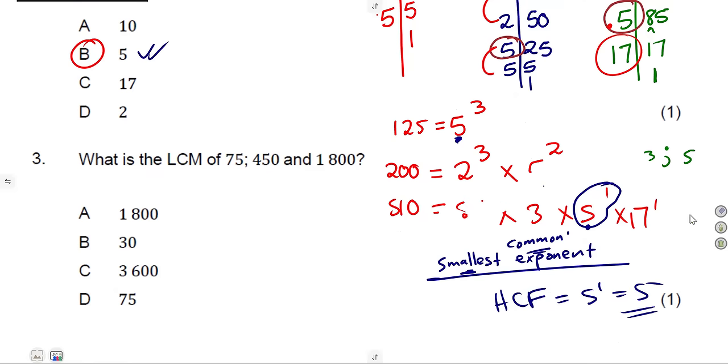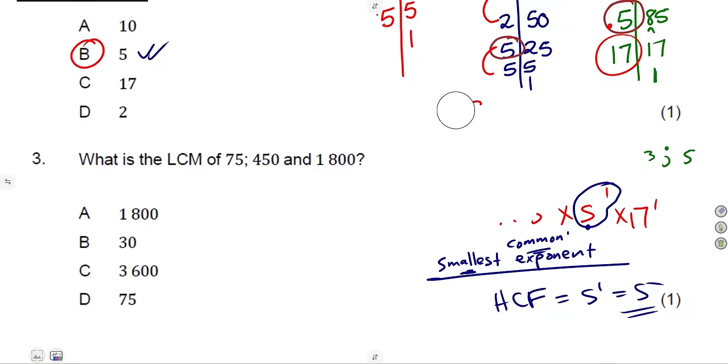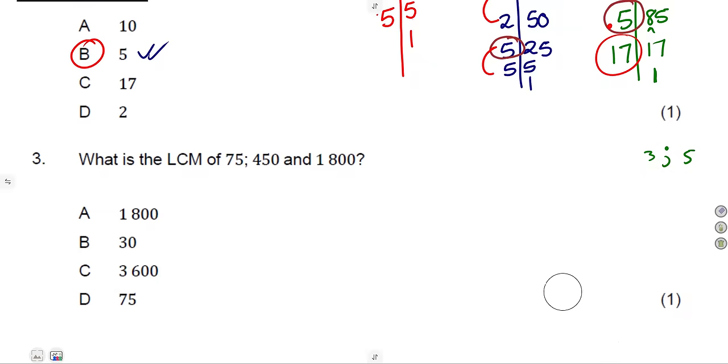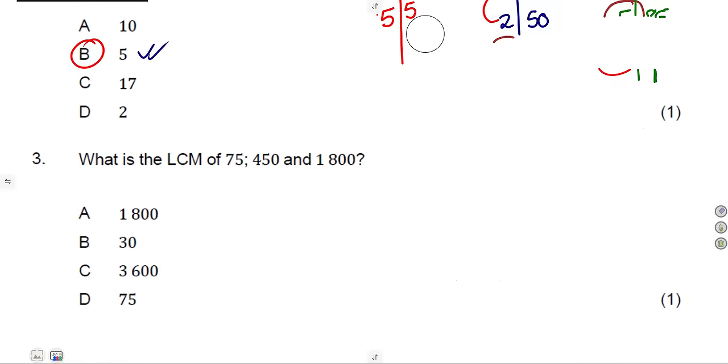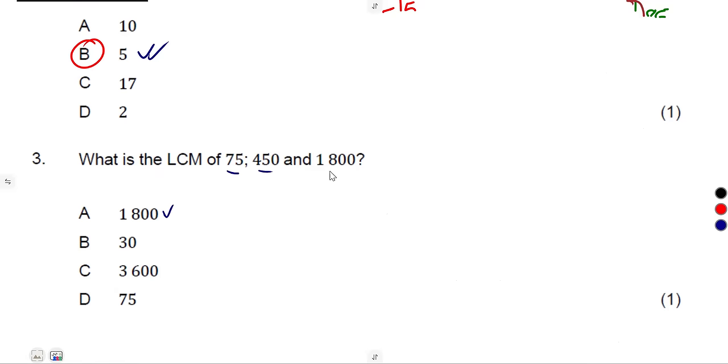All right, so let's consider the other question, which is question number 3. The LCM this time, the lowest common multiple. Again, we can even test, guys. For the numbers that we are given, test 1800 divided by this, divided by this, divided by this.